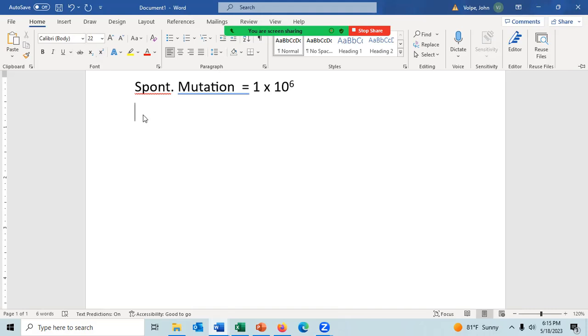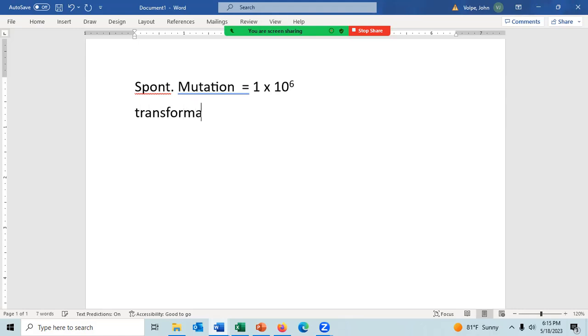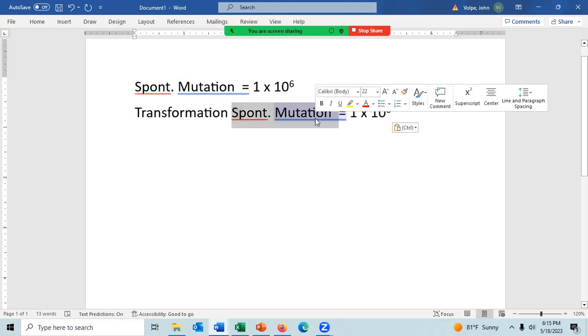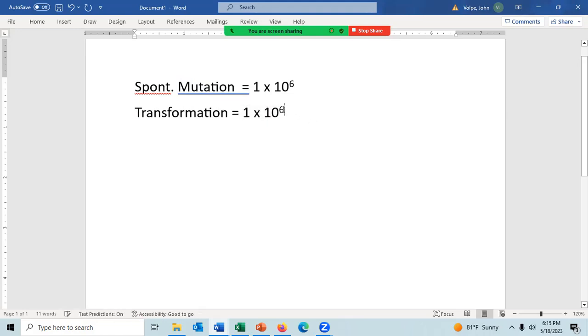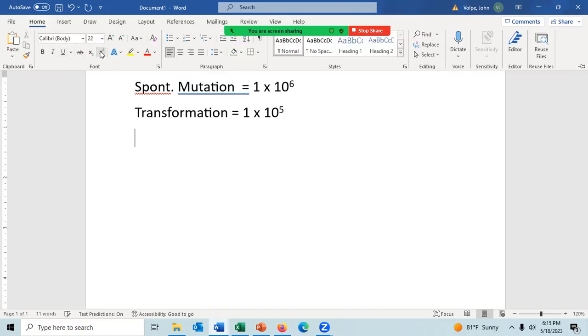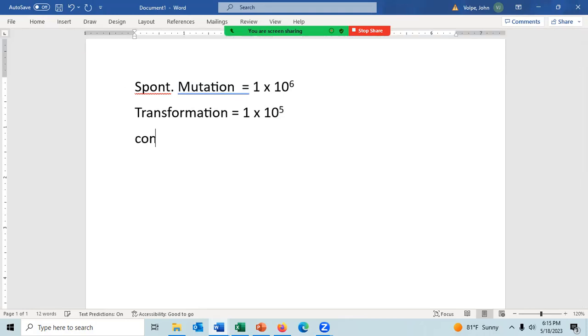For transformation, the occurrence equals one in 10 to the 5th. And in conjugation, it also equals 1 times 10 to the 5th.